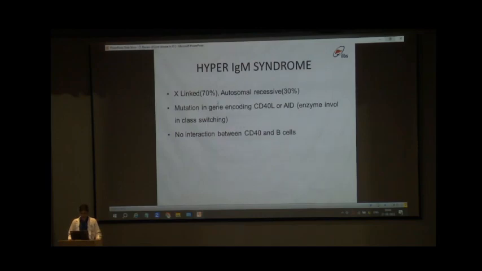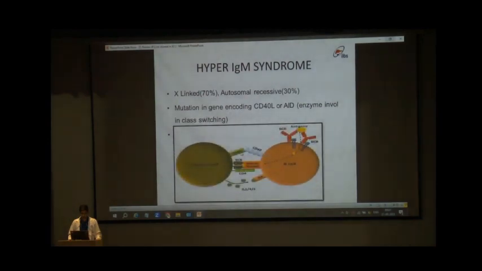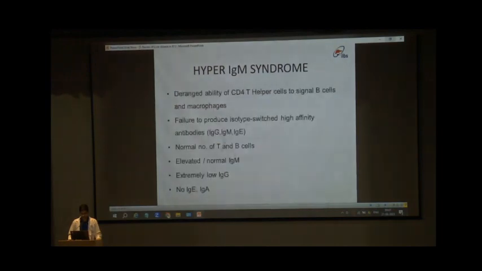Hyper IgM syndrome is one of the important causes of immune deficiency. This is an X-linked disorder, and it occurs because of a mutation in the gene encoding CD40 ligand. The CD40 ligand helps in the interaction of T helper cells with B cells, leading to production of antibodies, particularly the switching of the isotype of the antibodies from IgM to other types like IgG and IgE.